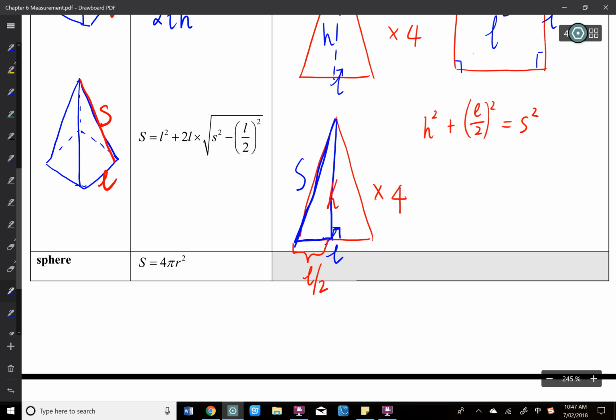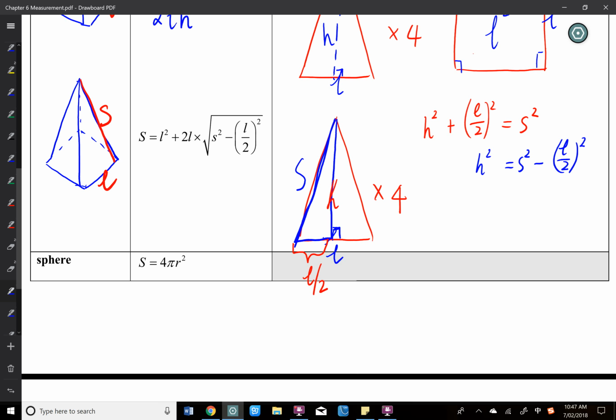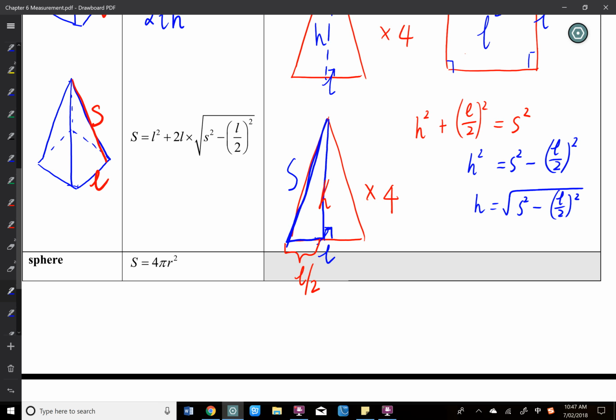So H squared will be S squared minus (L over 2) squared, because I want to know what H is in terms of S and L. S and L are given numbers. You know the slant height, you know the length. So H equals the square root of S squared minus (L over 2) squared. So now we know the height by using the length and the slant height.